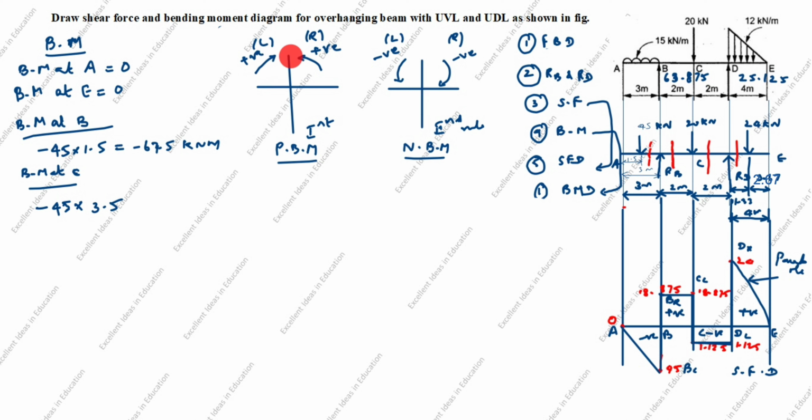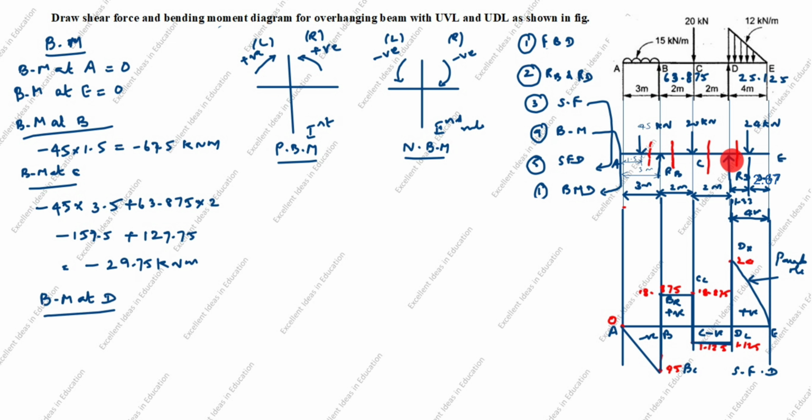Clockwise is positive, plus 63.875 into, what is the perpendicular distance from here to here? 2. Minus 45 into 3.5 is minus 157.5, plus 63.875 into 2 is 127.75, equal to minus 29.75 kilonewton meter.